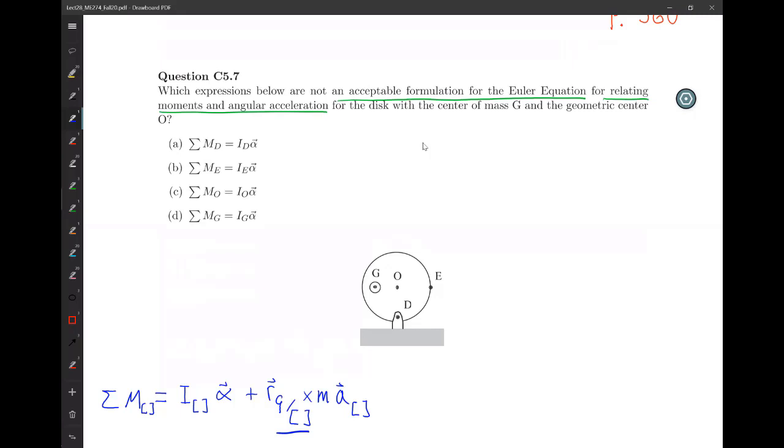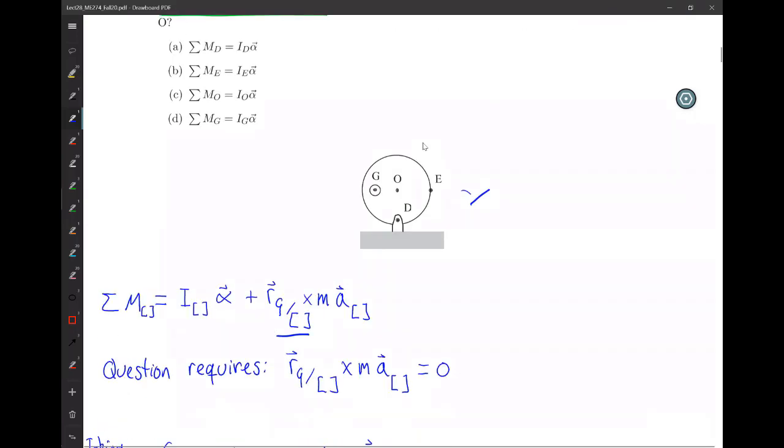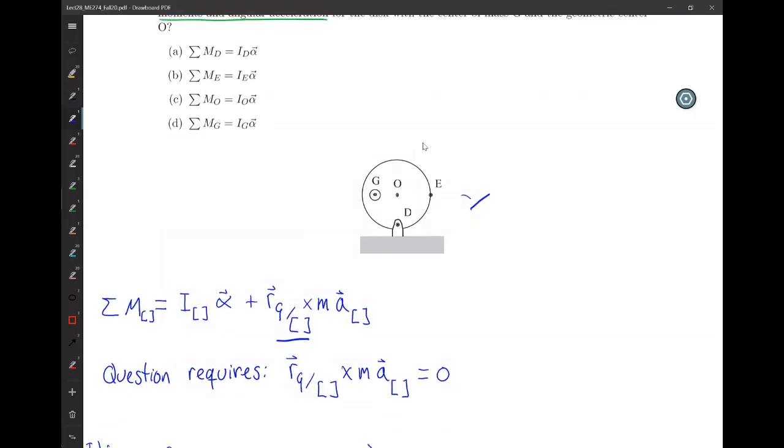So for this specific problem, let's look at all the options. The question requires that our choice of the point where we take moments eliminates this second term.